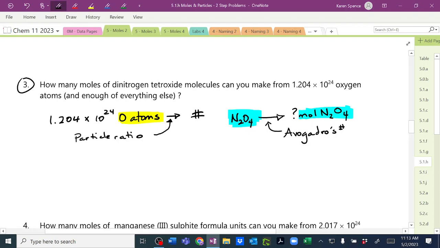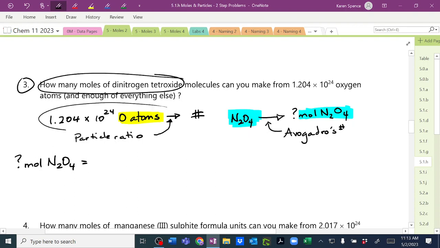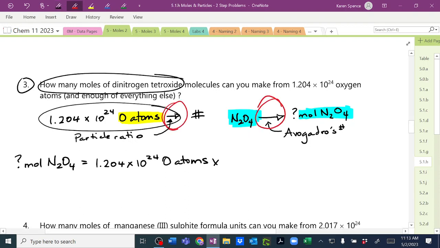So our unknown, how many moles of N2O4, is equal to our initial quantity, which is this one, 1.204 times 10 to the 24 O atoms. And I have 2 steps. Yes, I got one conversion here and I got one conversion here.